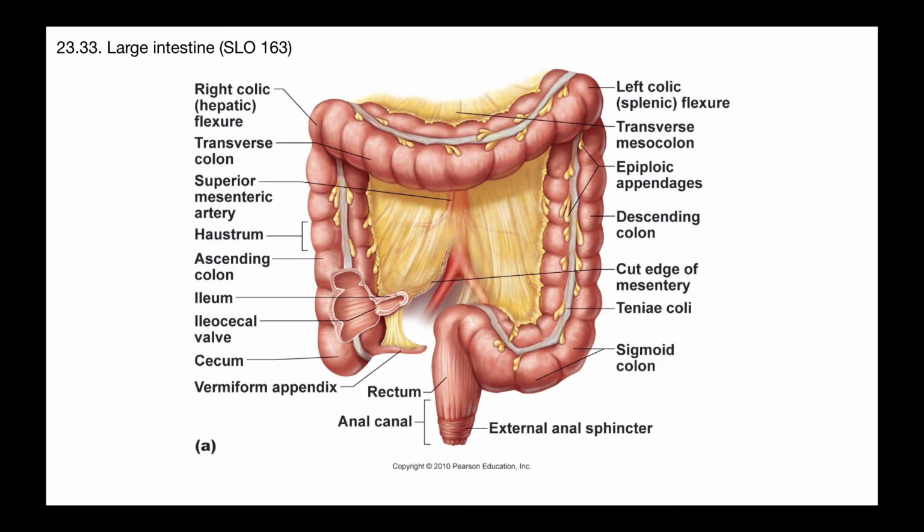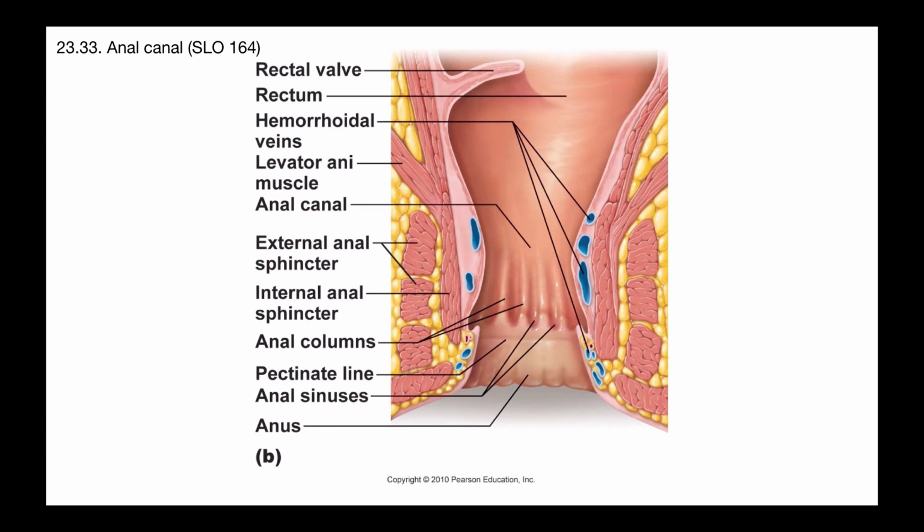And though we might hear it, we're usually not totally aware of where the feces is until it gets to the rectum, because that's where the stretch receptors are for that. Now, if we zoom in here on the rectum, there are a couple of sphincters.